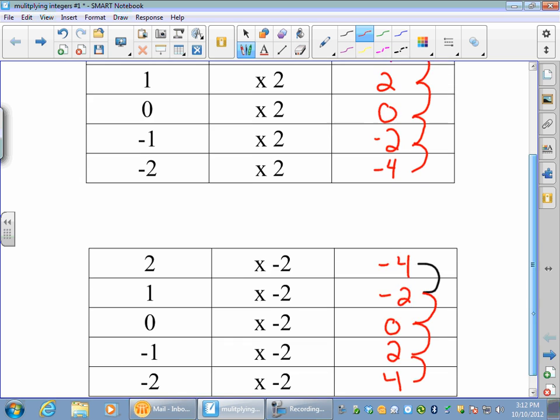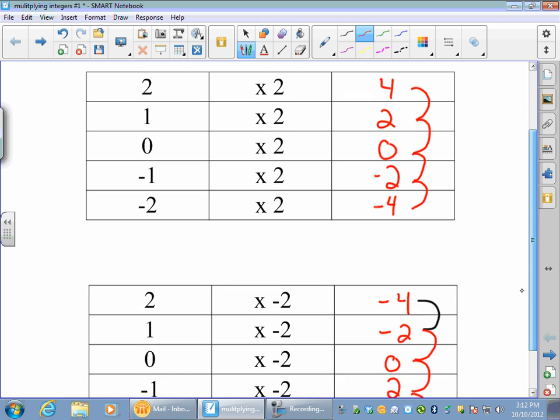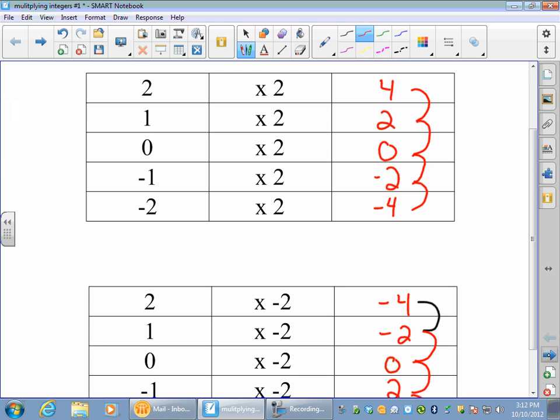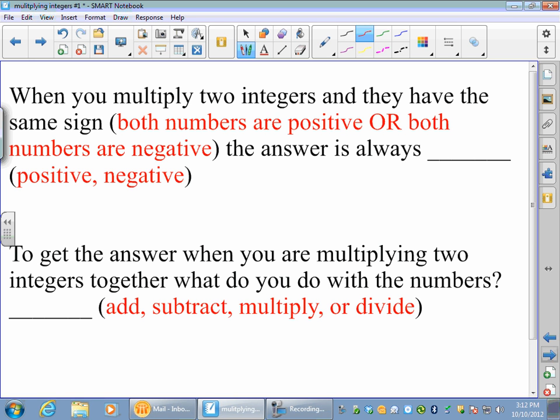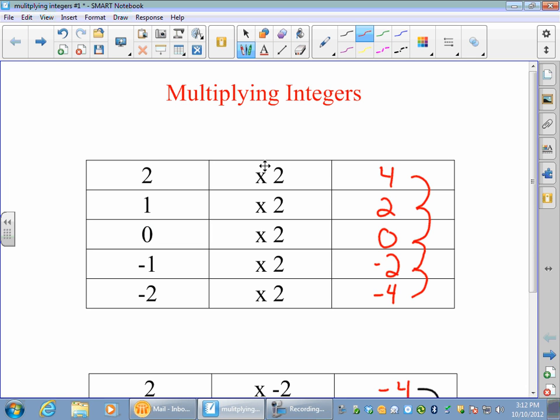Okay, so now let's go to those questions. We're going to come back and use these tables to answer these two questions. When we multiply two integers and they have the same sign, so both of them are positive or both of them are negative, is the answer always positive or negative? Well, let's see. Here I had two positives. Here I had two positives.